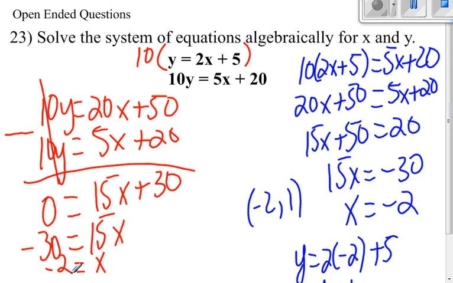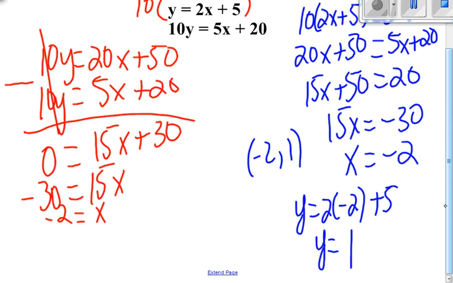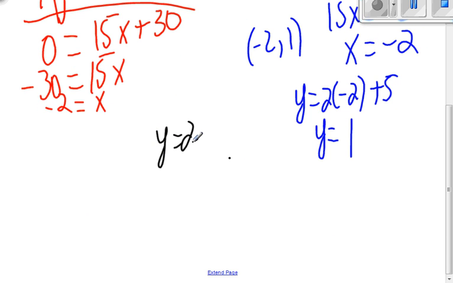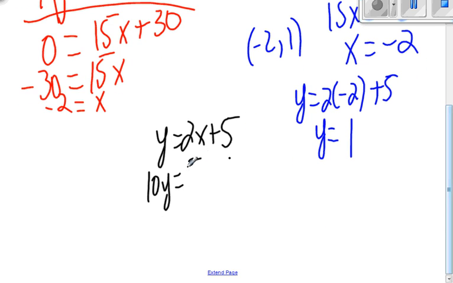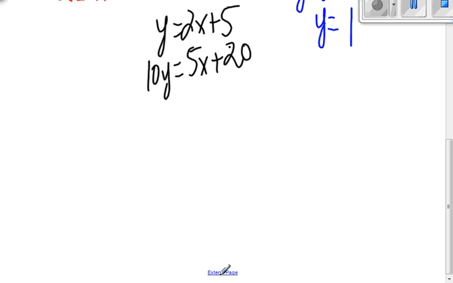I guess I'll show you the times 2.5 thing. No reason not to. y equals 2x plus 5, and 10y equals 5x plus 20. I'm going to multiply the first equation by 2.5.